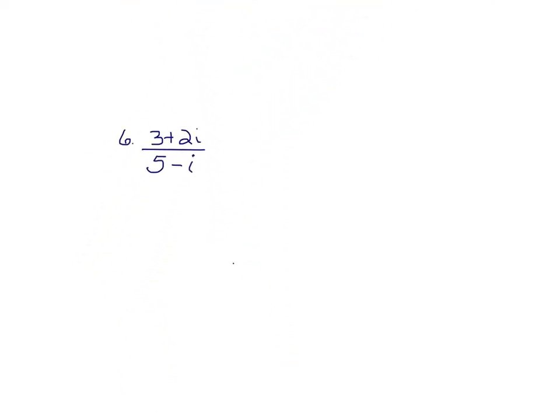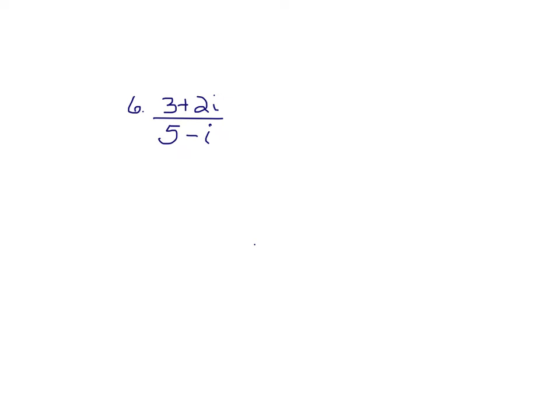On number 6, what we need to do here is we have a fraction. And in our denominator, I'm seeing the letter i. I cannot leave the letter i in the denominator of a fraction. Just like before we could not leave a radical in the denominator, here we can't leave the letter i.